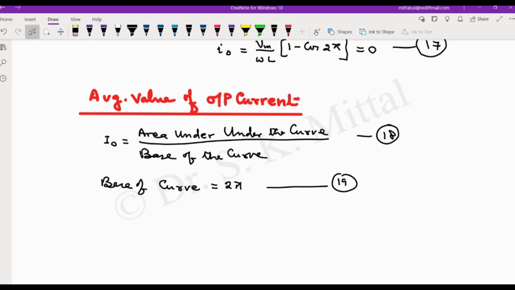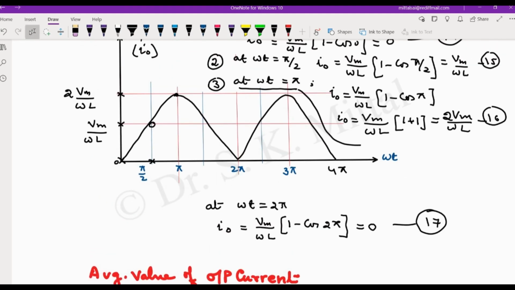Now to calculate the area under the curve of output current, what we do? First of all, we consider a strip in this output current waveform.